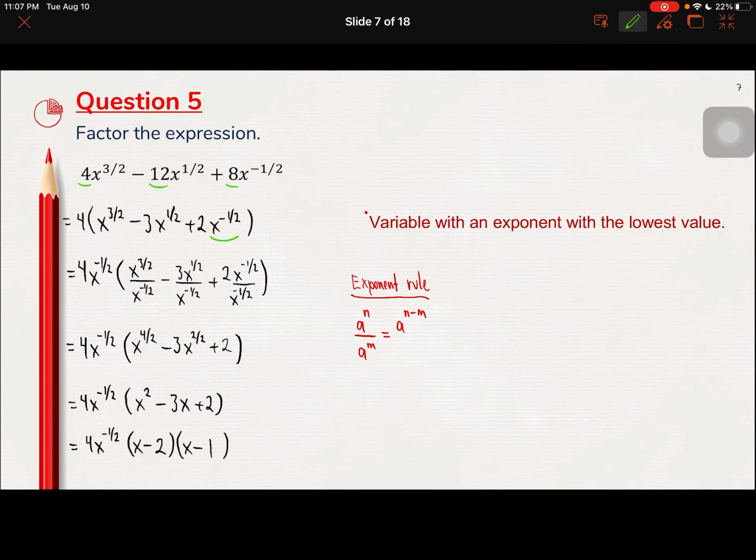Let me make that note here. So minus 2 times minus 1 is 2, and minus 2 minus 1 is minus 3, so this is satisfying the rule to factorize this expression.